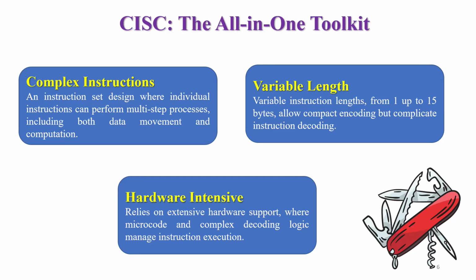And the third characteristic is hardware intensive. The CPU uses microcode and extra decoding logic to execute these instructions. The idea here is let the hardware handle the complexity so the programmer or compiler doesn't have to write too many instructions.